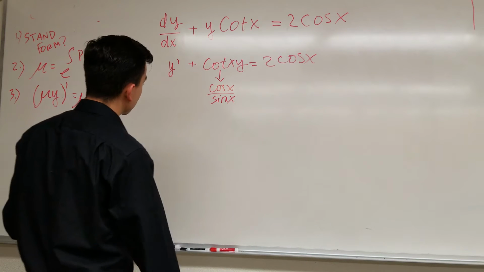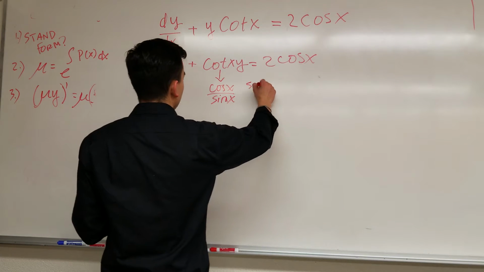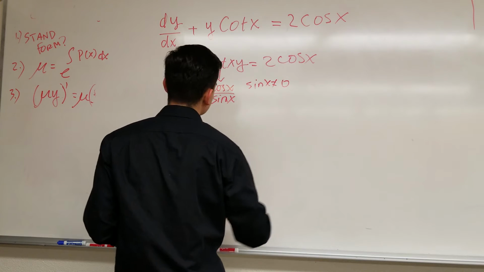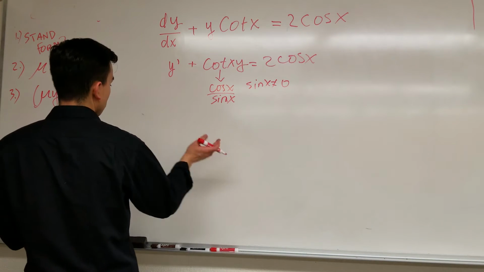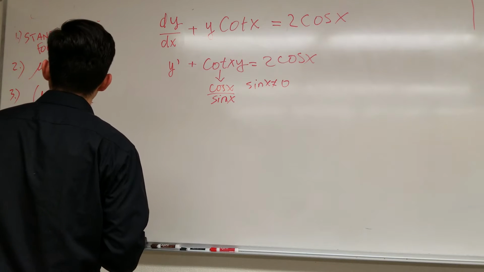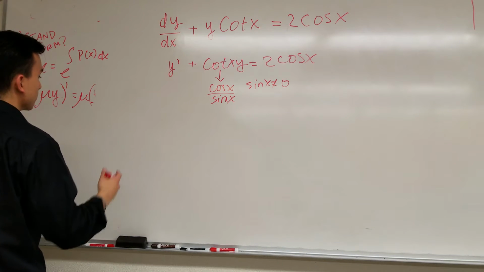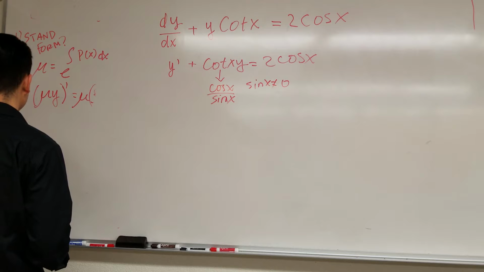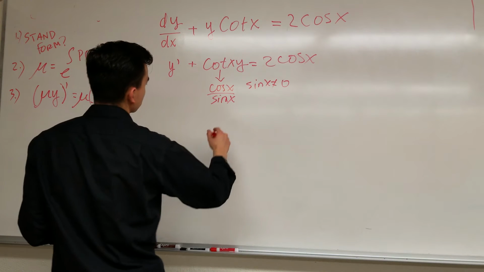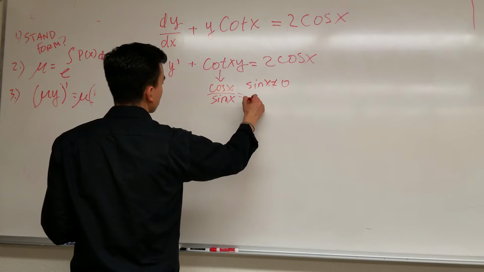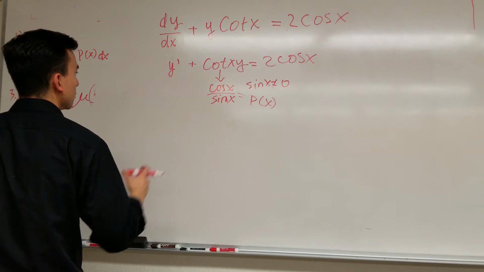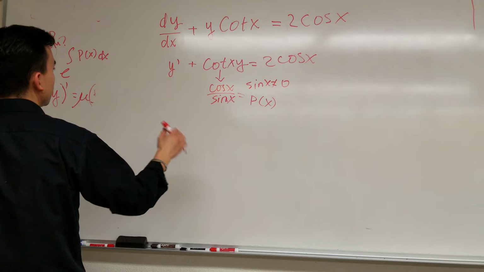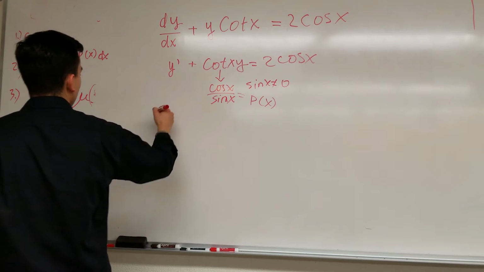And we also want to state that sine x cannot equal 0. So great, that is our p of x, right? P of x. So now we can find our integrating factor.